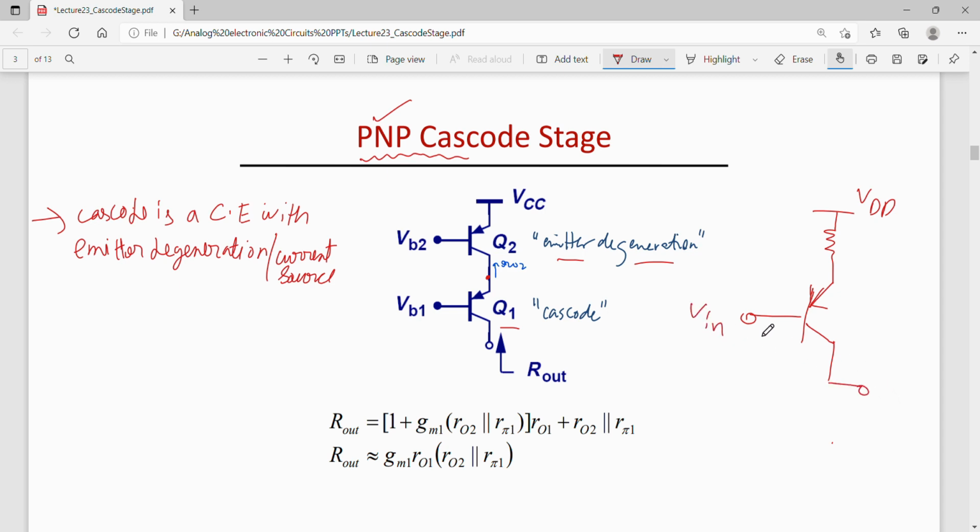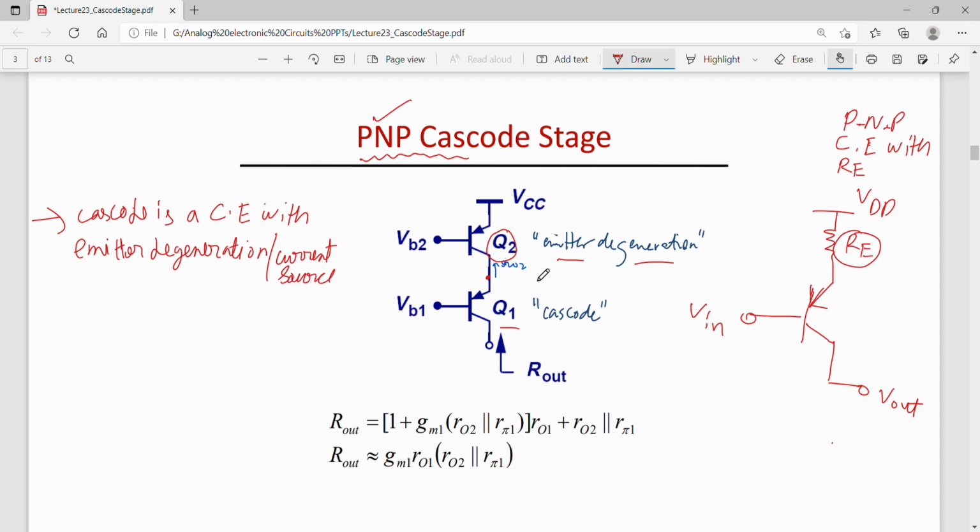This is V in, V out. This acts as an emitter degeneration resistor to this PNP transistor. So this is a common emitter with RE, or emitter degeneration, using a PNP transistor. Here RE can be replaced by this Q2. So this becomes a PNP cascode stage.